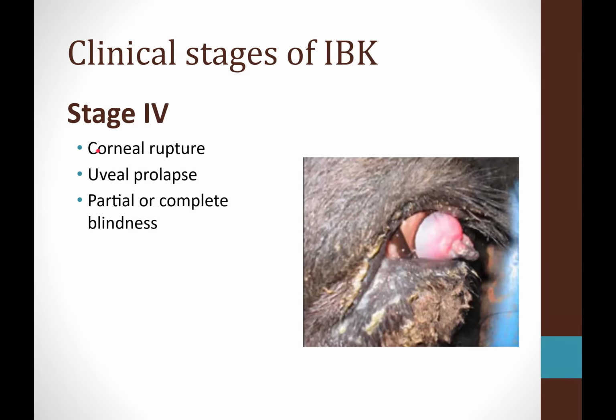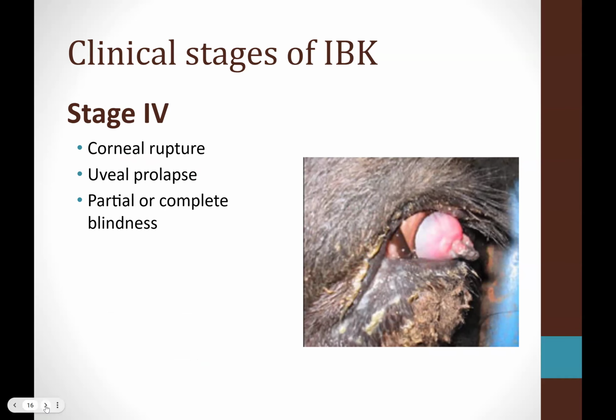And in worst cases, the ulcer will rupture. So there will be corneal rupture, and eventually the uvea will prolapse out of the eye, and this will lead to partial or complete blindness of the animal.